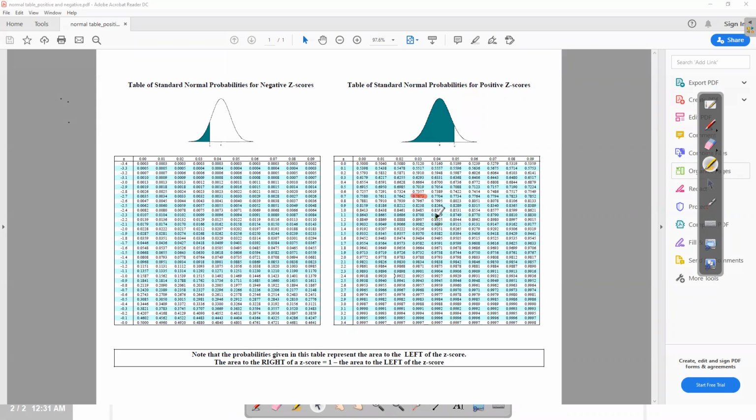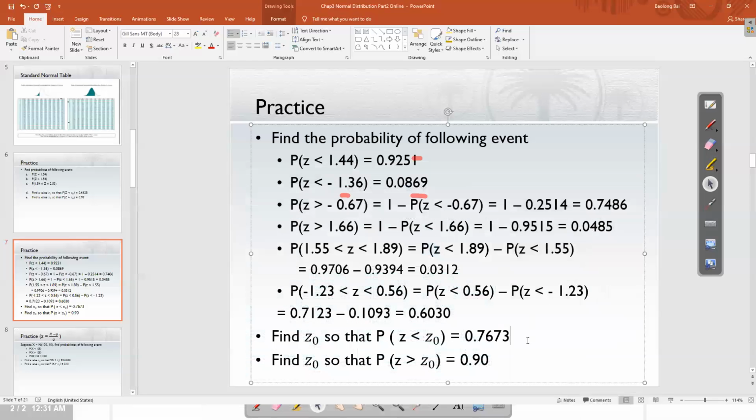It is right here. So the matching z-score is 0.73, right? So that's pretty easy. So the z-score will equal 0.73.